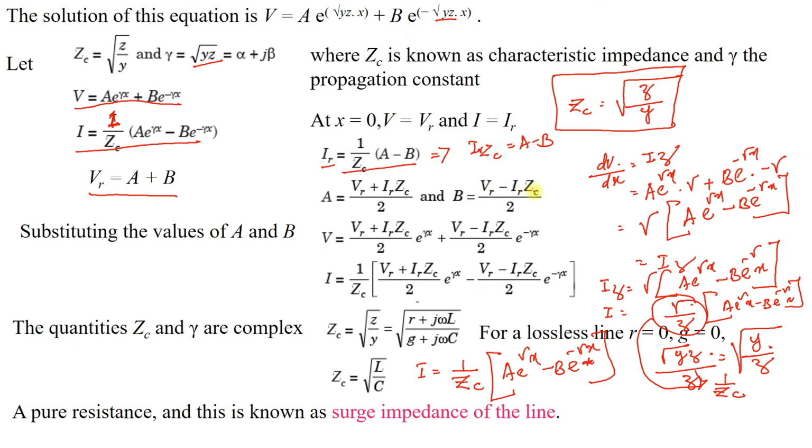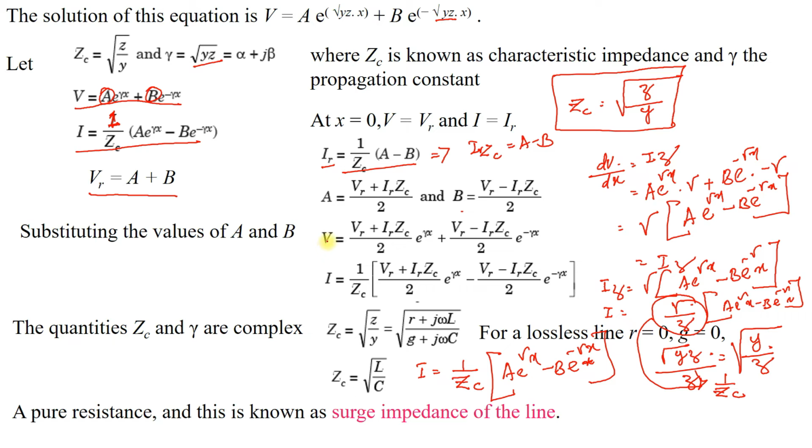So VR minus IR ZC by 2 is equal to B. Now these A and B are the unknown constants in the solution of the differential equation, and we have evaluated them from the initial conditions.